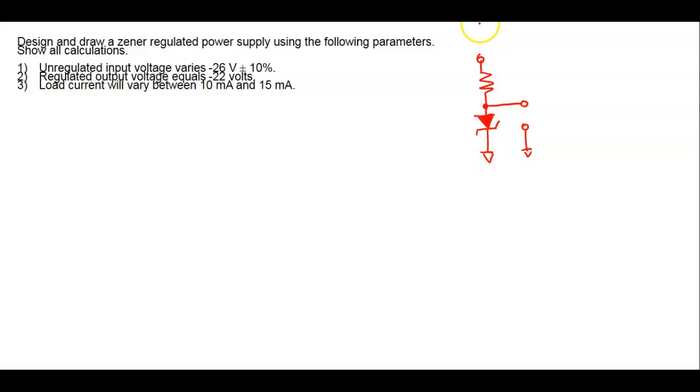It's minus, right? This guy up here, to calculate my VN minimum, I would take 26 and multiply it by 0.9. To get my VN maximum, I would take 26 and multiply it by 1.1.